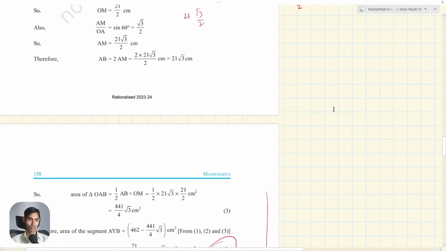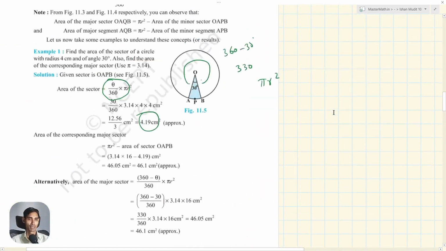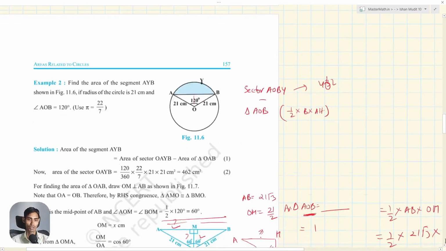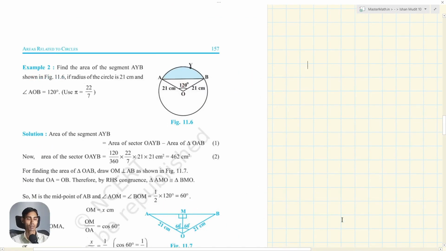It is a few multiple small steps. So sector: theta by 360 times pi r square. It's the fraction of the whole circle's area. Now, if we have a segment, the segment is basically the chord AB and the arc AYB.